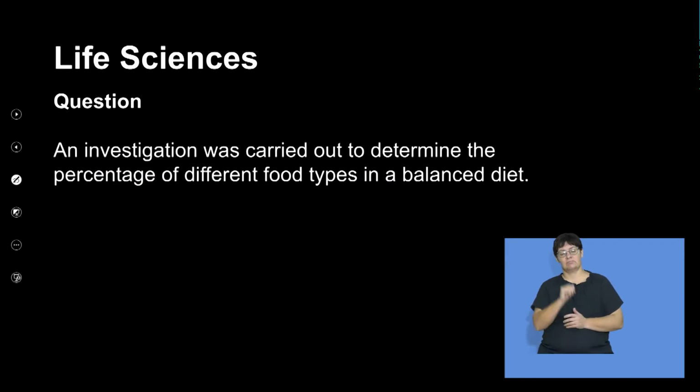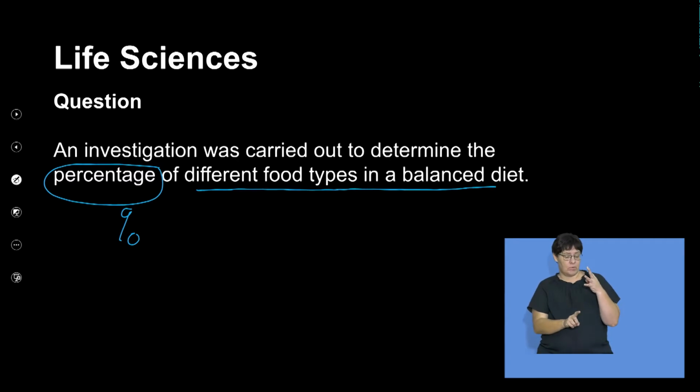Okay, let's have a look at our next question. So an investigation was carried out to determine the percentage of different food types in a balanced diet. Now remember, what is molecules of life all about? We need to eat things to be able to build.